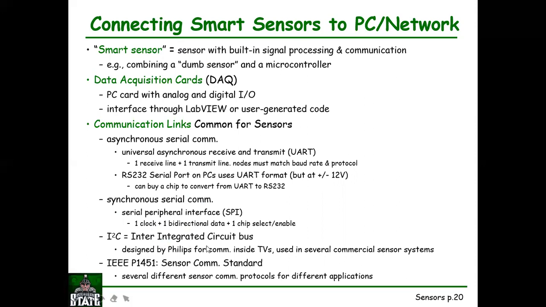I2C, the inter-integrated circuit bus, was designed by Philips for communication inside TVs. I2C is basically used for bigger purposes. It will have multiple inputs and multiple outputs, whereas SPI we use for small application purposes, because it has one input and a very small range of outputs, like two or three outputs, and maximum four or five.